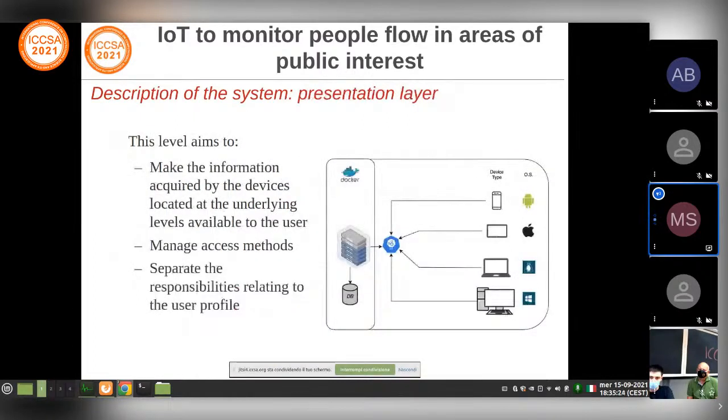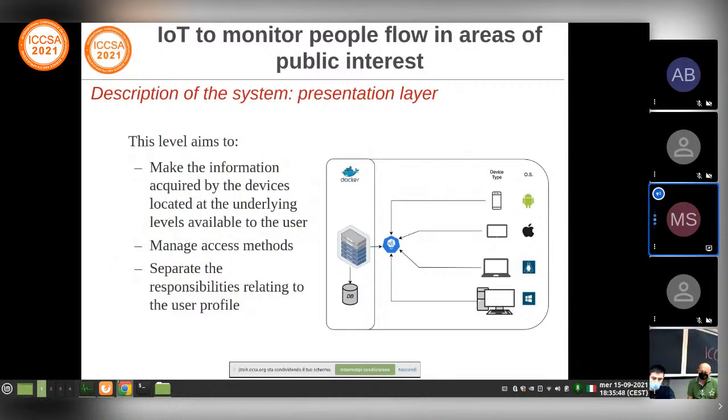Here we are, the presentation layer, and this level's goal is to make the information saved by the user available through the device situated at the underlying levels, as well as to control the access mode for single users, ensuring the separation of duties for any of them.